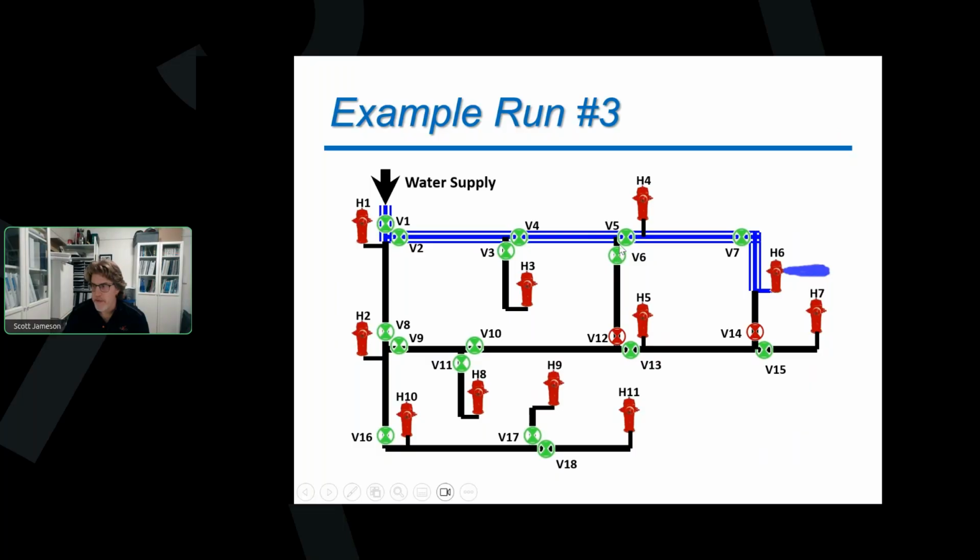The reason for this is this is a big long flush of this main across the top of my water system here. As the water is going and going, past valve 1, valve 2, going past valve 4, it's picking up debris, ripping off that biofilm, picking up the debris that is in this water main.